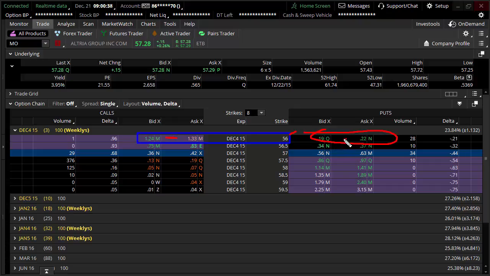Look at the put and say, is this put greater or less than the amount of the dividend? Well, the put, in this case, is a lot less than 56 cents. That means this call has a high likelihood of being assigned.